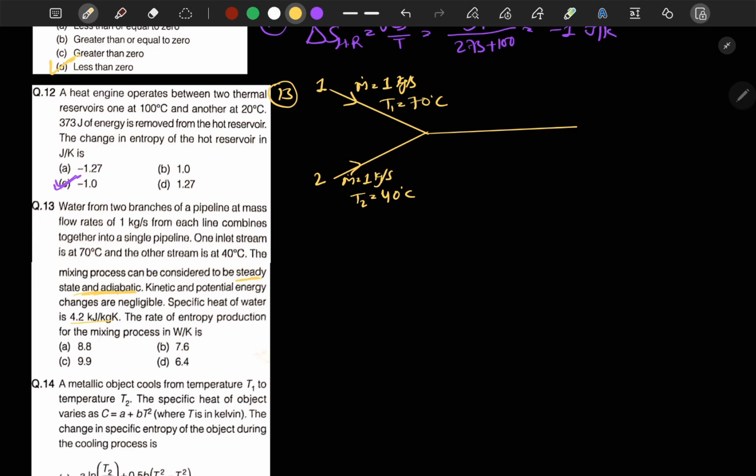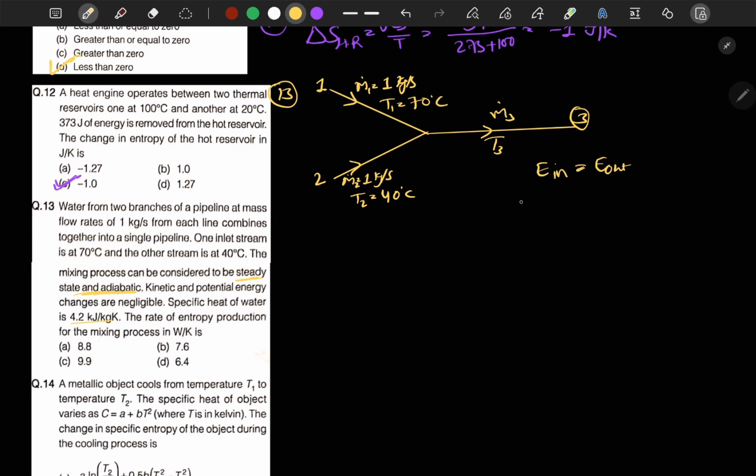So this is m1, this is m2. Let m3 dot be the final mass flow rate, and let T3 be our final temperature. Since the system is at steady state and adiabatic, we can apply conservation of energy: energy in is equal to energy out.